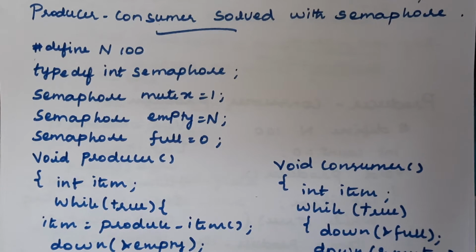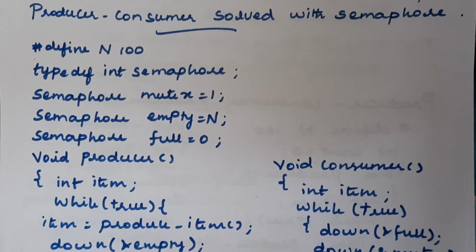Here we have used two system calls, one for the down operation and another for the up operation. Before getting into the code for this particular problem, I just want to explain the semaphore variable. Here we have used three variables, and before that, how are we going to implement all this semaphore concept?